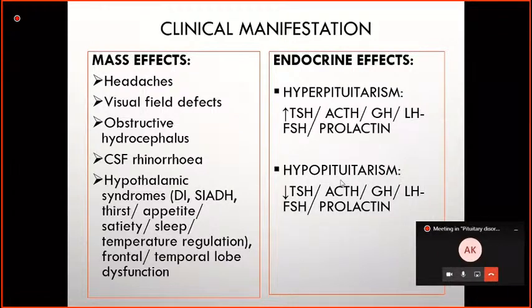Another one, you can have double vision because of compression of the nerves that supply the muscles that move your eye, your orbits. So you're talking about cranial nerve 3, cranial nerve 6.